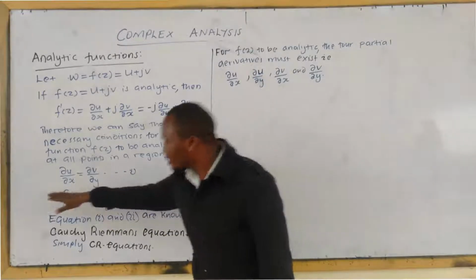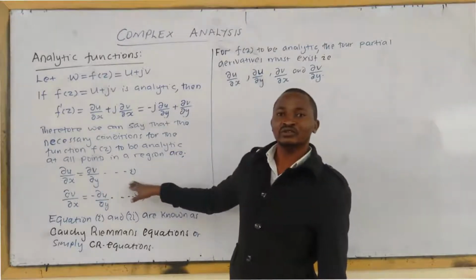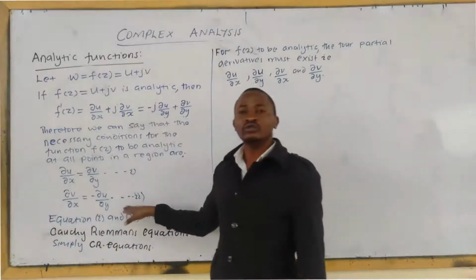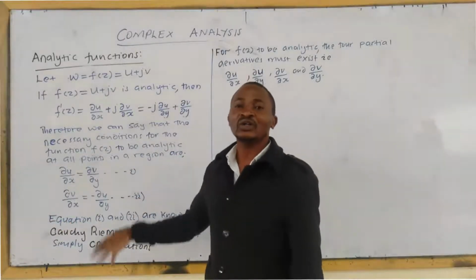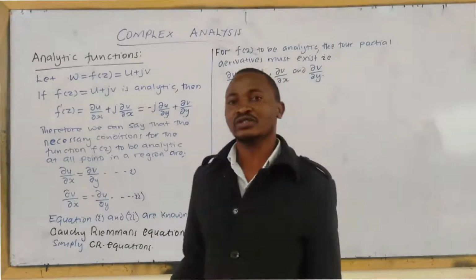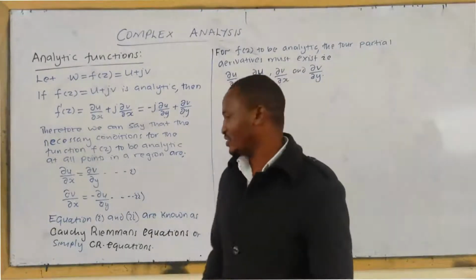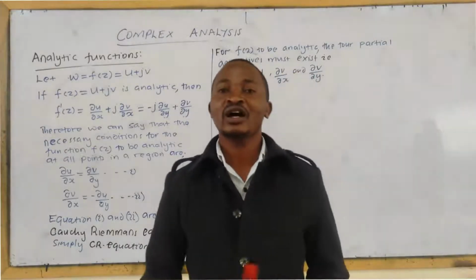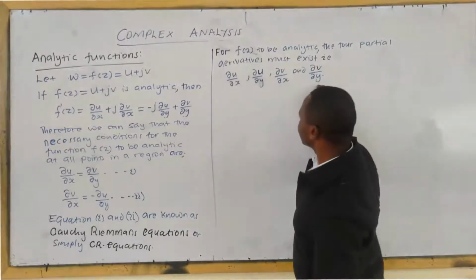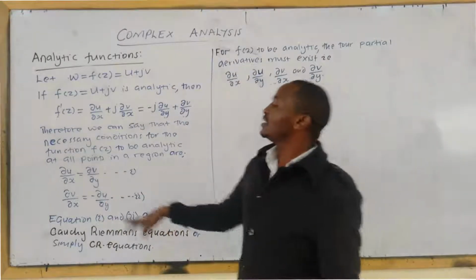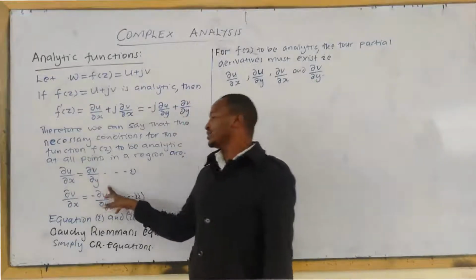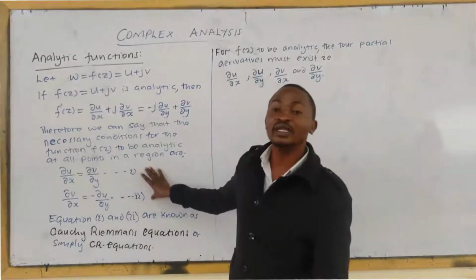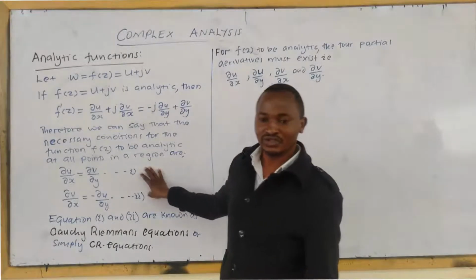So condition 1 and condition 2 for the function of z to be analytic are called the Cauchy-Riemann equations, or simply the CR equations. Remember, the condition for a function to be analytic is that the derivative exists, this be equal to this, and this be equal to this. And these two equations, we are calling them the Cauchy-Riemann equations.